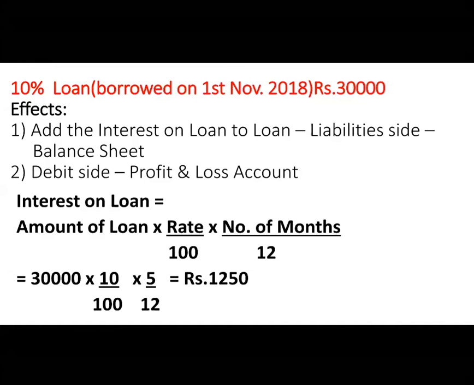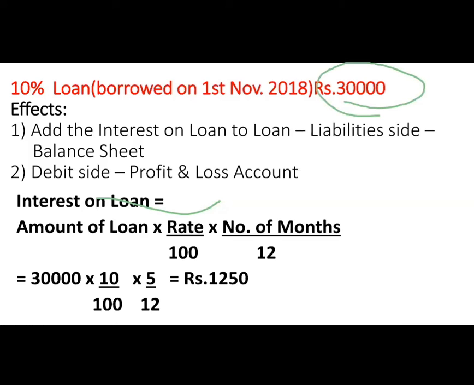So how should the calculation be done? Interest on loan equals amount of loan multiplied by rate upon 100 into number of months upon 12. So what is the amount of the loan? It is 30,000. You will multiply it by 10%, because interest on loan is 10%. Now for how many months was the loan borrowed? 1st November, and my year end is always 31st March.